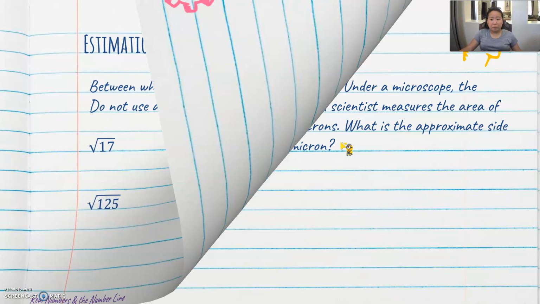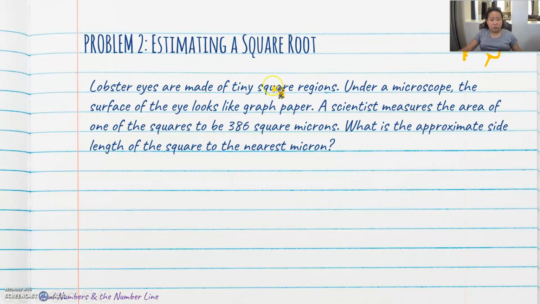So this next example is just like what we did earlier, but this time it is in word problem form. If you read this problem, you will see that the measurement we are concerned with is 386 square microns.